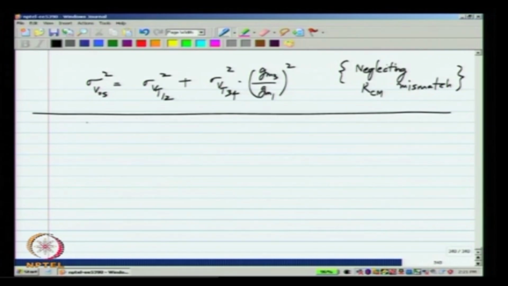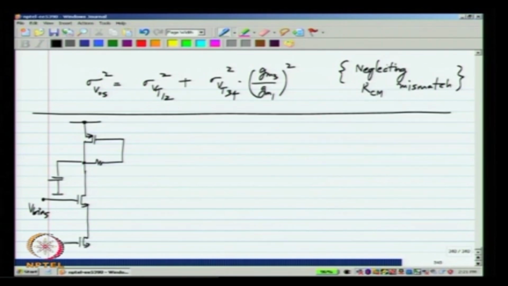And the common mode half circuit of this, which we also discussed earlier, there will be a parasitic here.